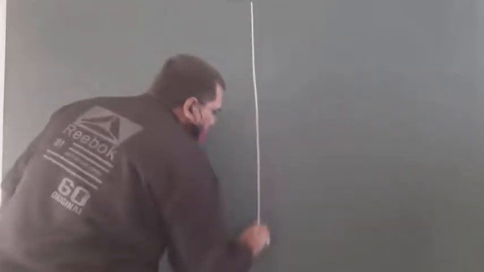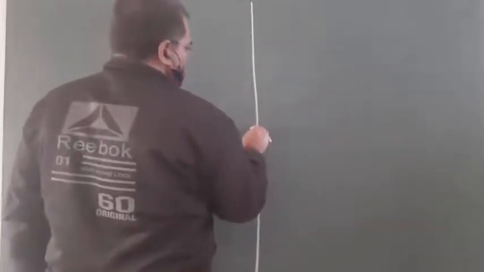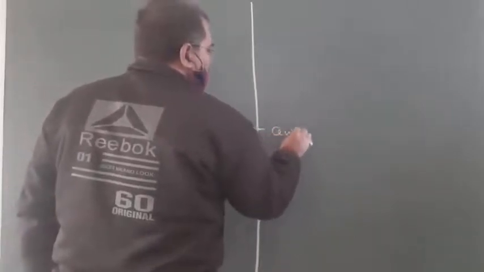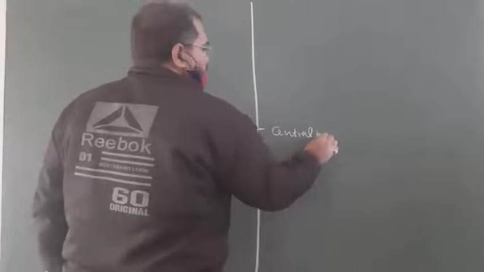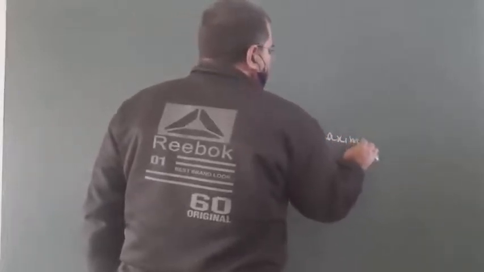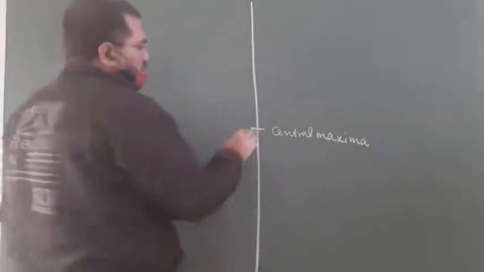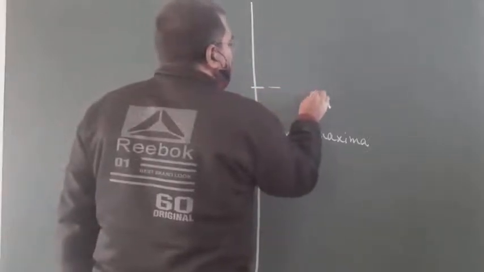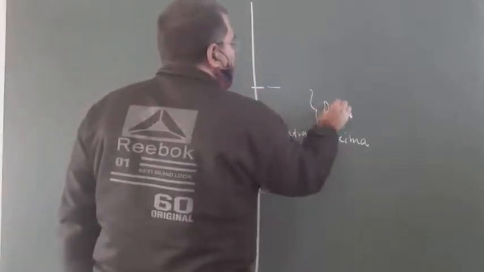So you can write here, this is the screen, and this is the position of central maximum. So the first secondary maximum will be here, and the distance between them is d lambda by d.